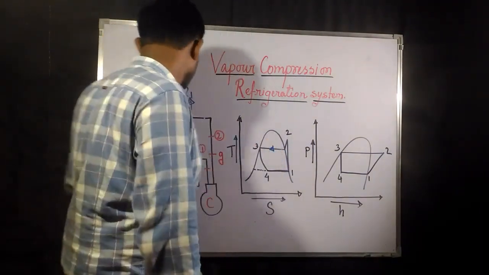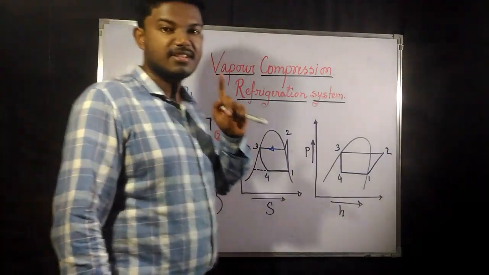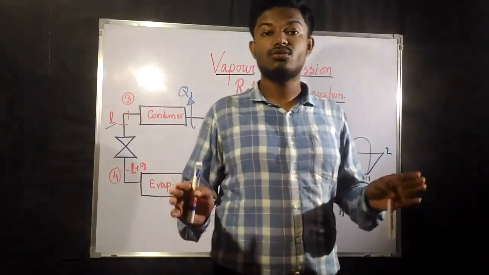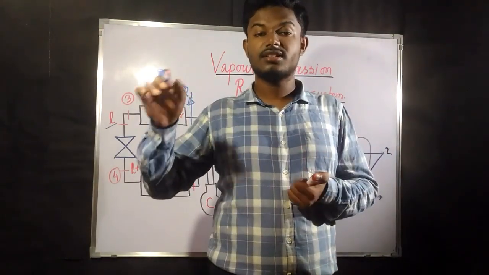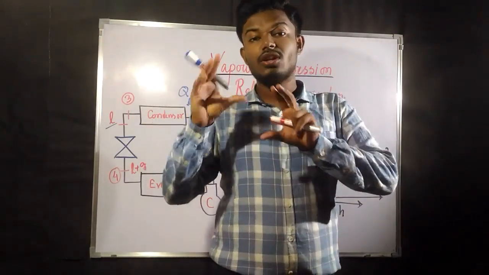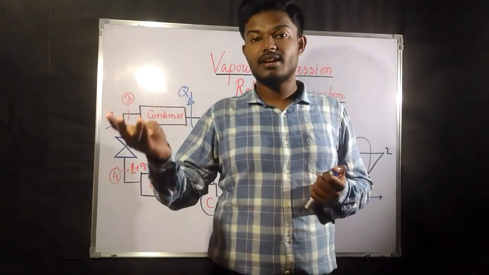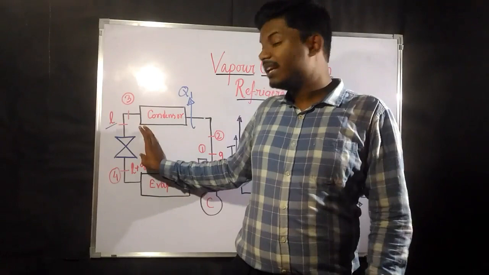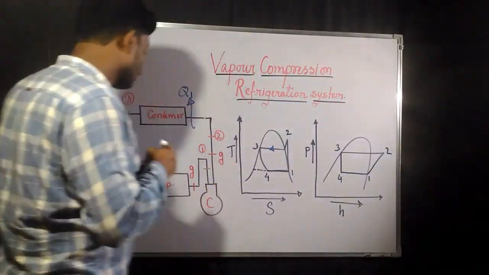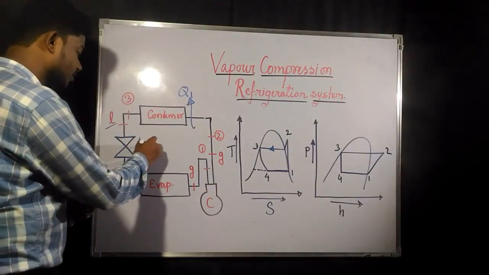After that, 3 to 4. If you remember the open system processes, we derived the work done or heat transfer for all the open system devices like the compressor, turbine, and throttling device. In the throttling device we derived that H1 was equal to H2.